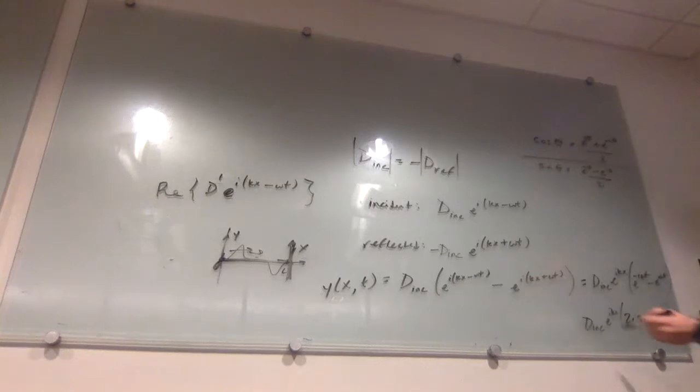So what's interesting is that the spatial part and the time part are now separate. I said it one time in office hours: you could write the spatial component and the time component separately, like sine kx times sine omega t.